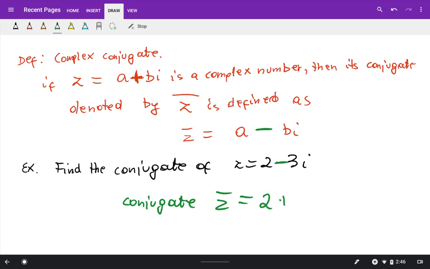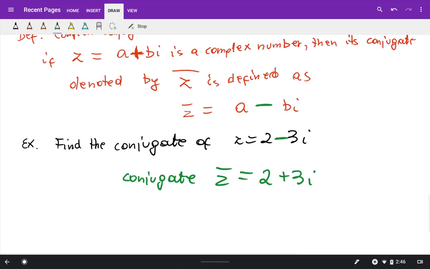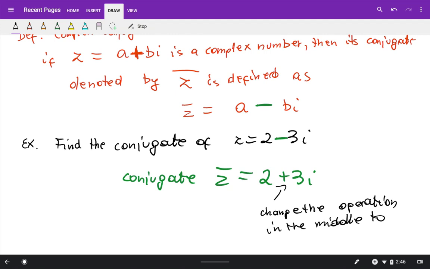So that will be 2 plus 3i. Everything else stays the same. So change the sign in the middle to the opposite. That's it. That's how you find the conjugate. So that's the only thing. We're not changing anything else. Okay.